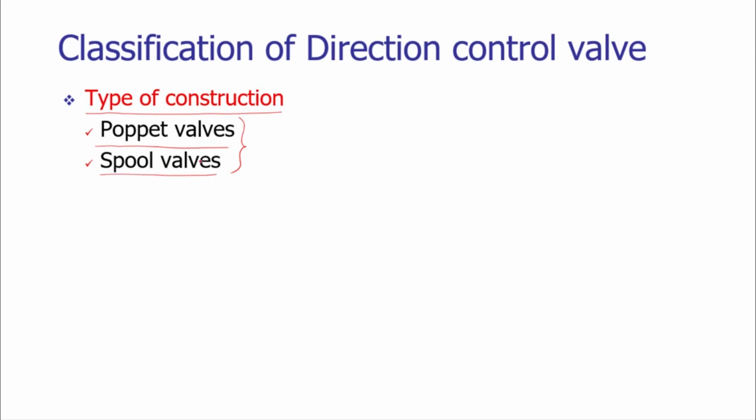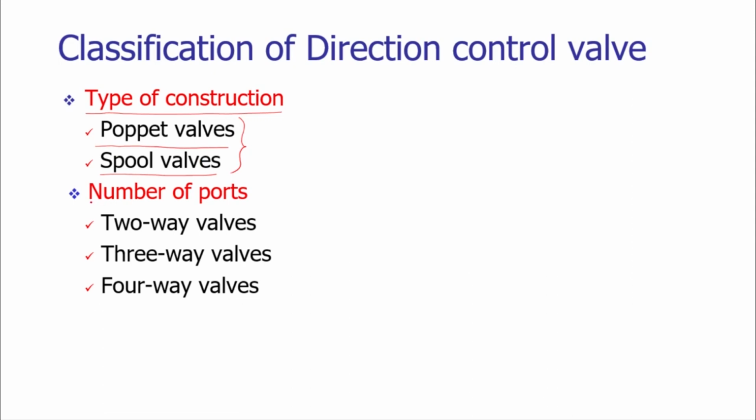In a poppet valve, we are using small cylindrical or spherical poppets, which are used to control the flow of the fluid inside the system. The spool valves have a cylindrical spool. It is a cylindrical mechanical element which is controlling the flow of fluid. It is controlling the direction of the fluid inside the system.